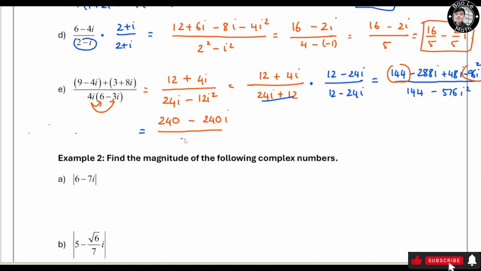It's going to be 720, right? Now we're going to write this one in standard form. So it's 240 divided by 720 minus 240 divided by 720i. So we're going to simplify. It's going to be 1 over 3 minus 1 over 3i, right?